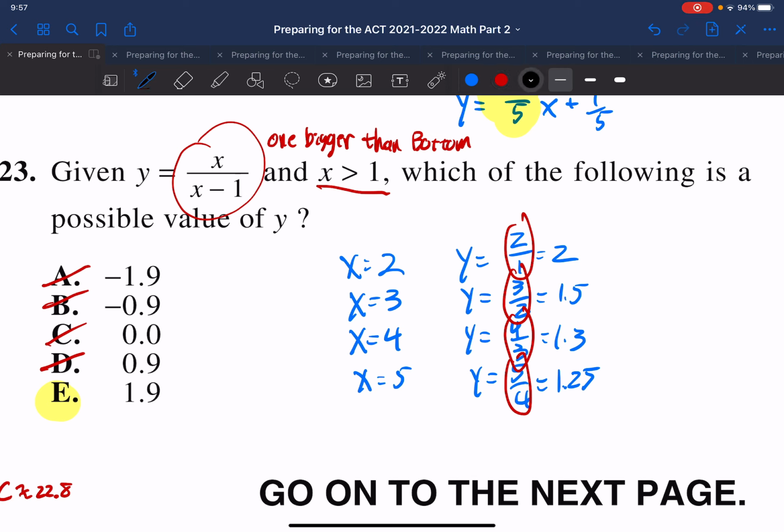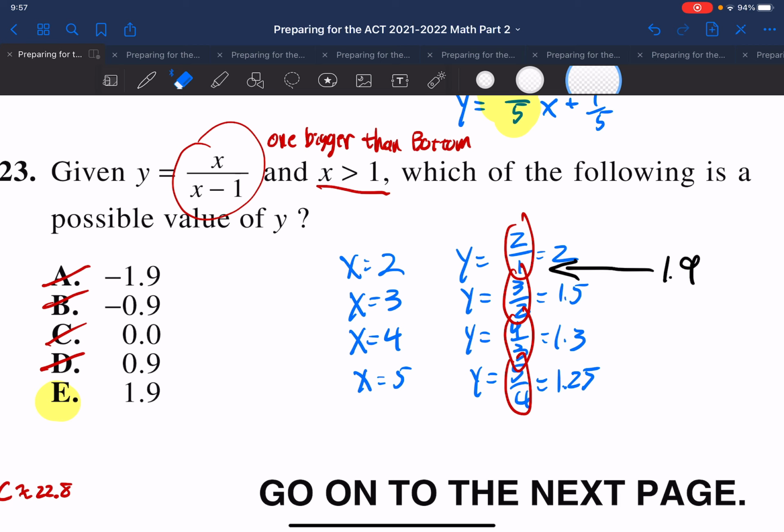Now, 1.9 happens somewhere in here. Now, some make the objection, well, x can't be in there because we've got 2 and we've got 3. Well, you made an assumption, and your assumption is that x has to be a whole number. It doesn't say that. It just says x has to be greater than 1.